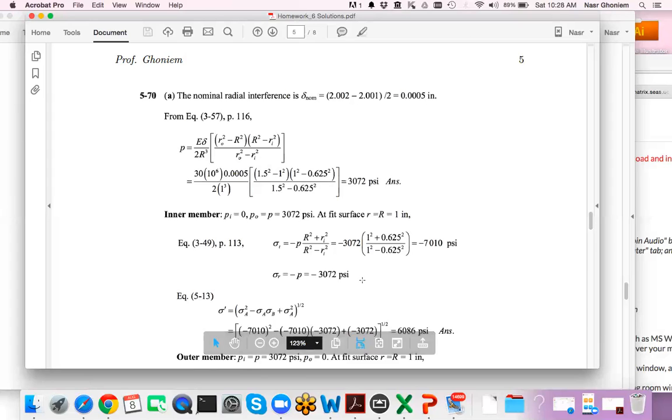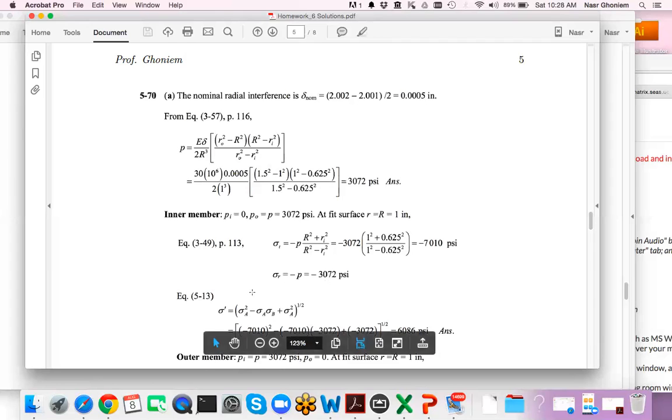Now we apply failure theory. When we apply one of the failure theories, we have a biaxial stress state, one radial, one tangential. We don't have shear because it's axisymmetric, and therefore we can use Mohr's circle to get the principal stresses, or basically these are the principal stresses since we don't have shear.